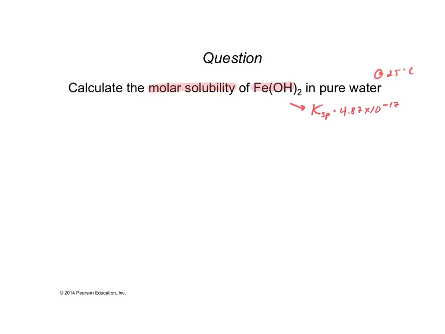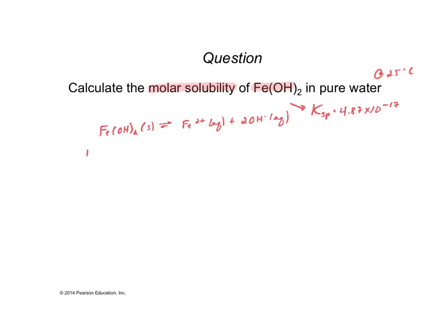Once we have that, I'm going to write out the chemical reaction. We have solid iron hydroxide dissociating into iron 2 plus ions and 2 hydroxide ions.